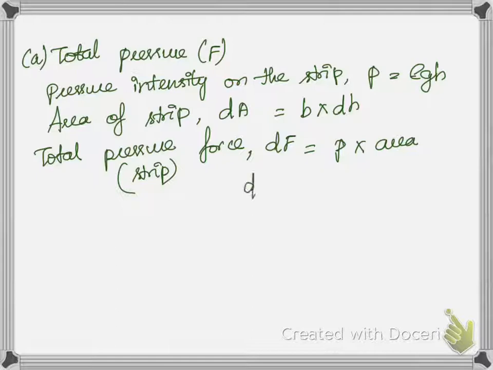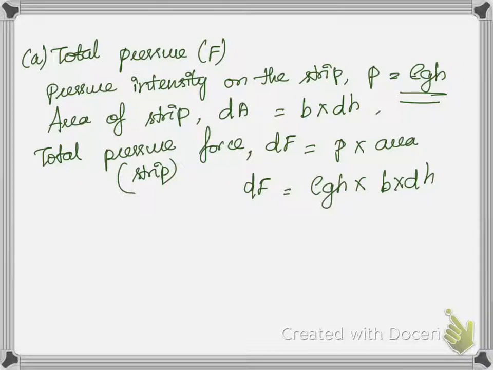Here dF is equal to the pressure I have calculated, rho g h, and the area b into dh. So for the small strip, dF is equal to rho g h into b into dh.